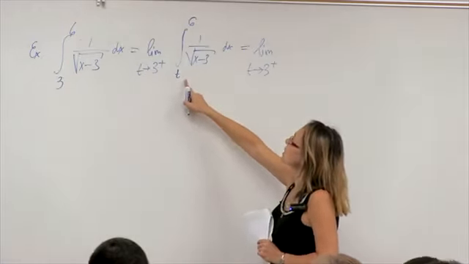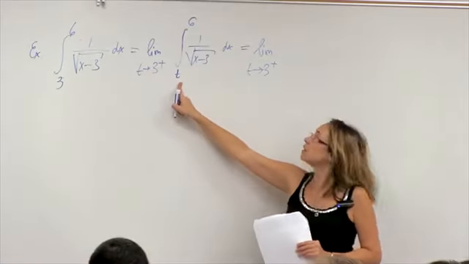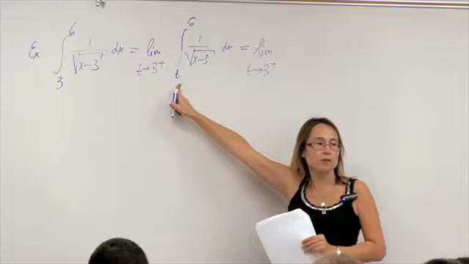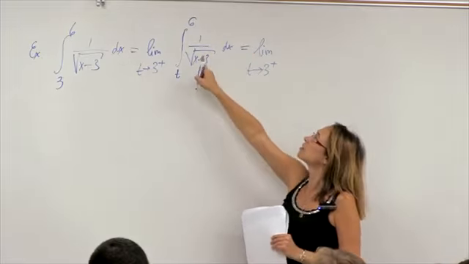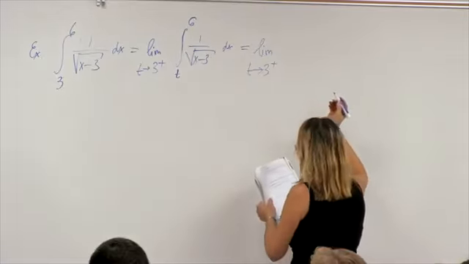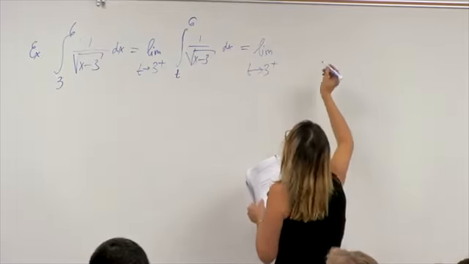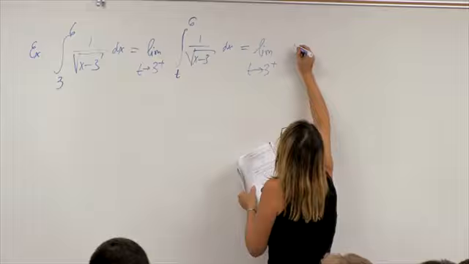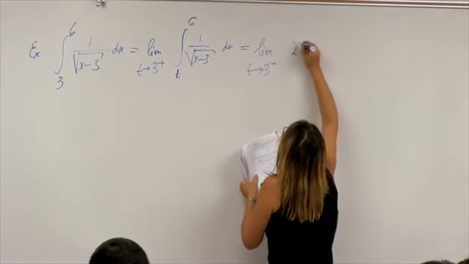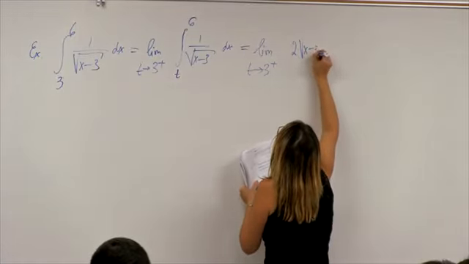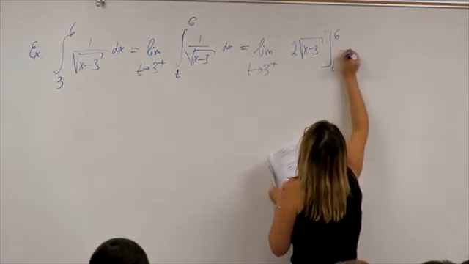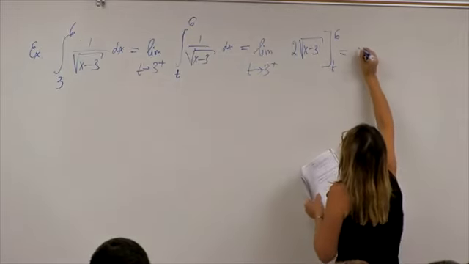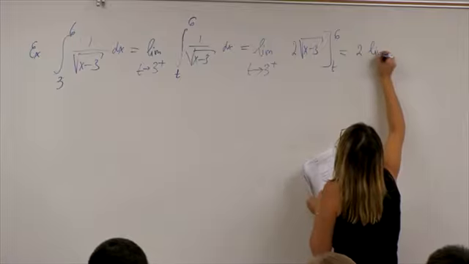The integrand is continuous everywhere for any t that is to the right of the number 3. So for any value of t, this is a nice, well-behaved function. So we have to take the antiderivative from t to 6, and the limit.